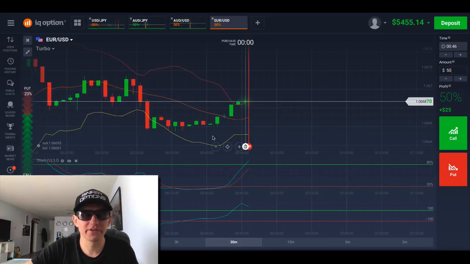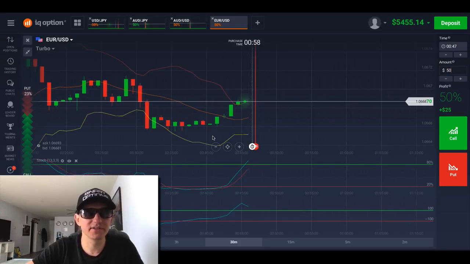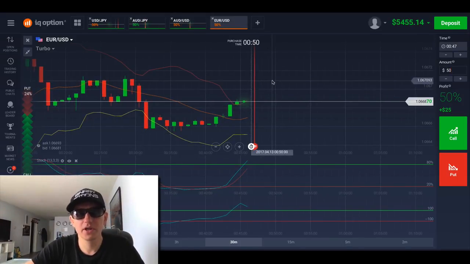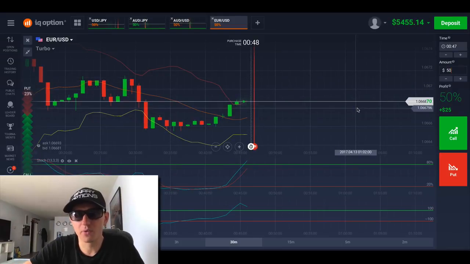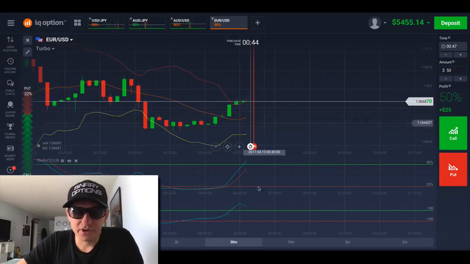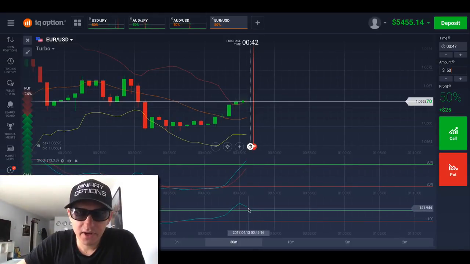By comparing the current closing price of an asset to its trading range, the stochastic oscillator attempts to predict the turning points of the price movement. That's why it is so important in our reversal trading strategy. So we do see that the CCI is on the way back.